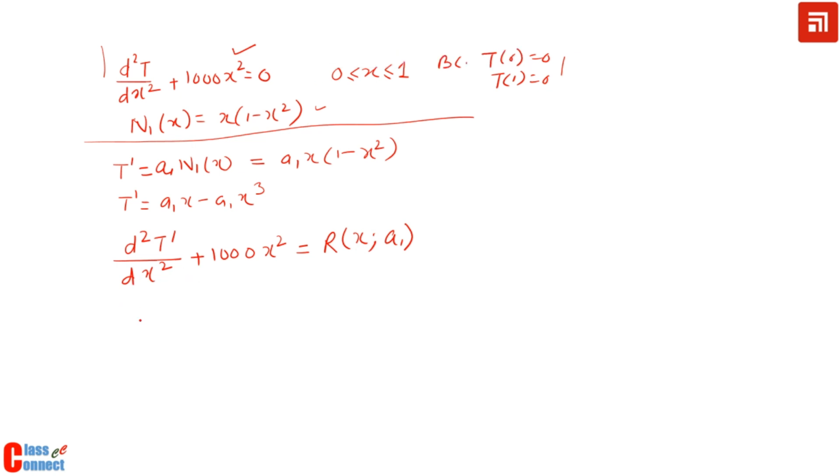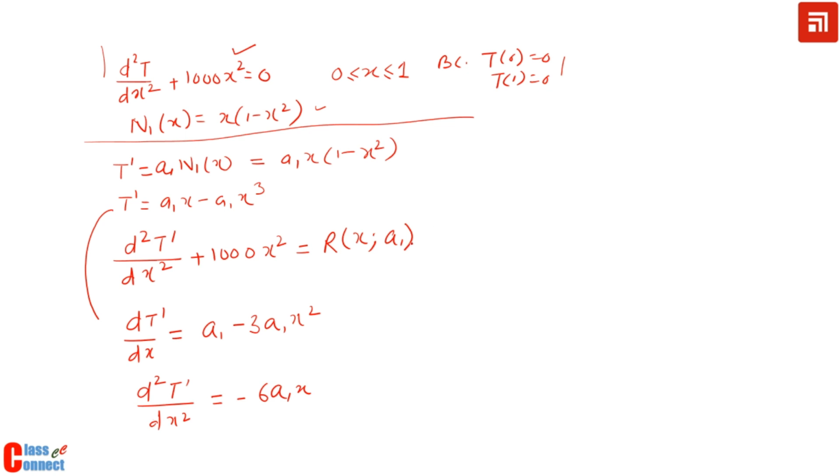Now it is simple to find the second derivative of this function. If I differentiate this once, dt over dx, I will get a1 minus 3 a1 x square, and if I differentiate it again, I will get d2 t dash divided by dx square equal to minus 6 a1 x.